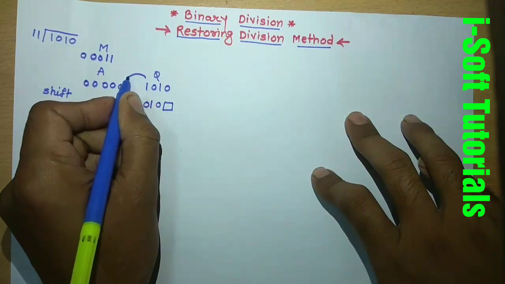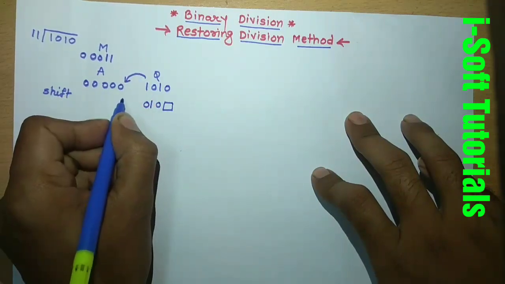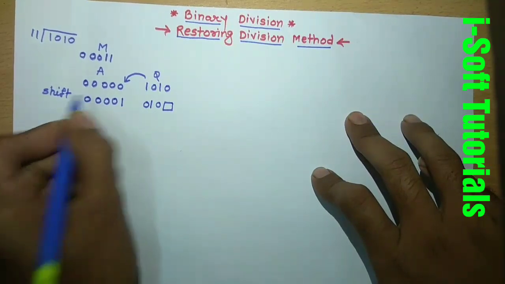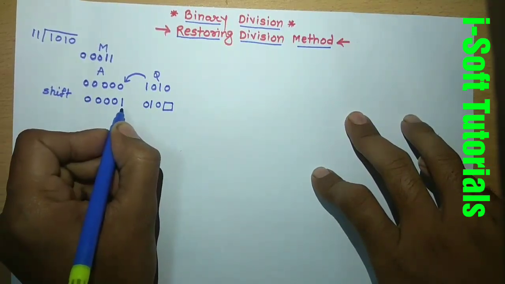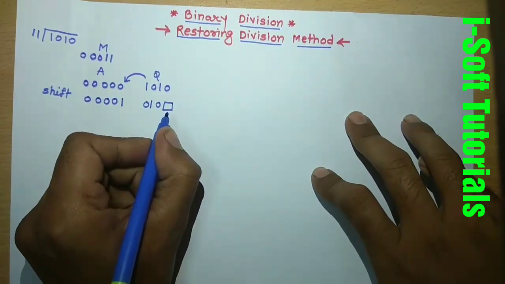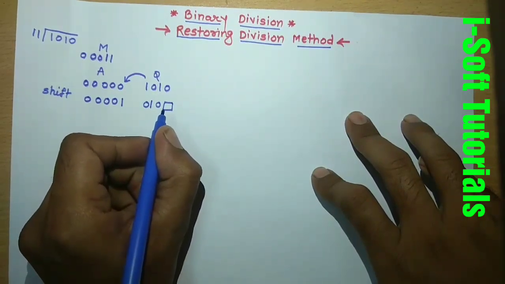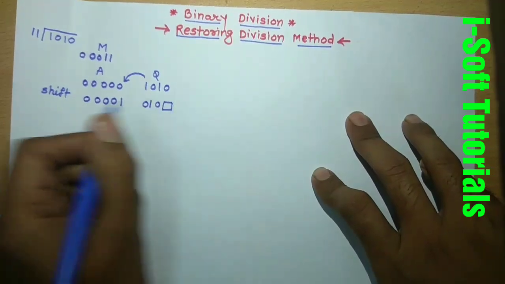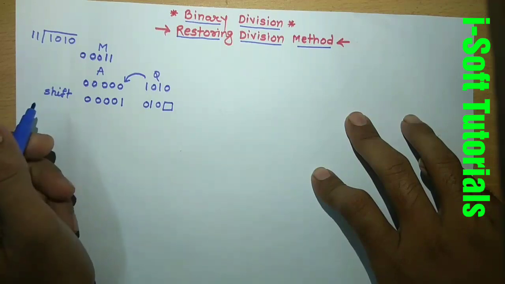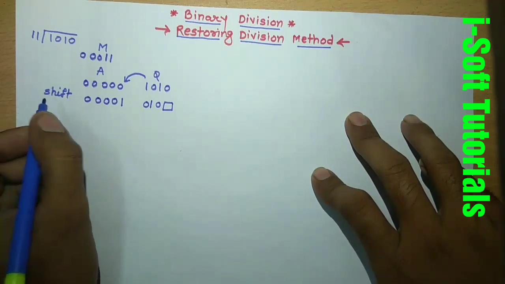This 1 will go here, and with all zeros, if you shift it you will get 0 0 0 0 1. This is an empty space. We have to decide here what the value is, either 0 or 1, by using this algorithm. Then after shifting, in the same step, we have to perform A equals A minus m.